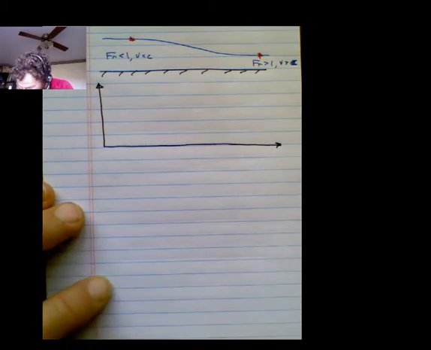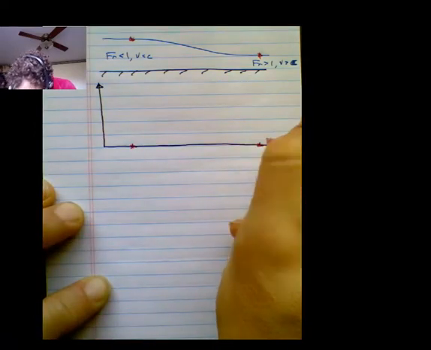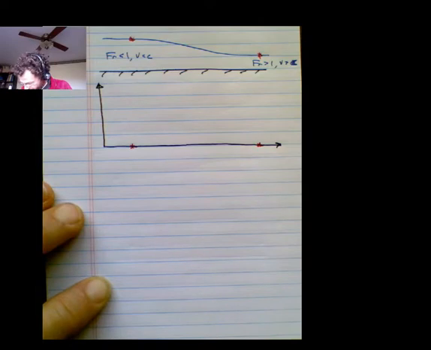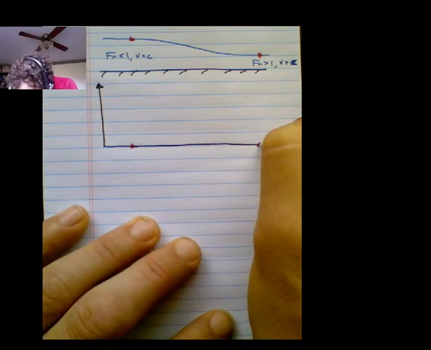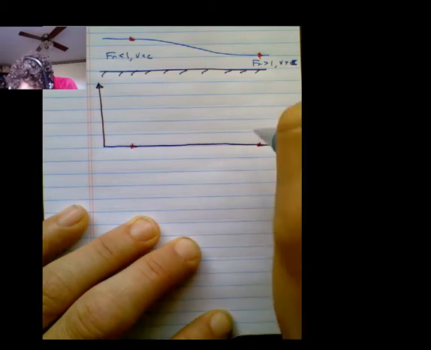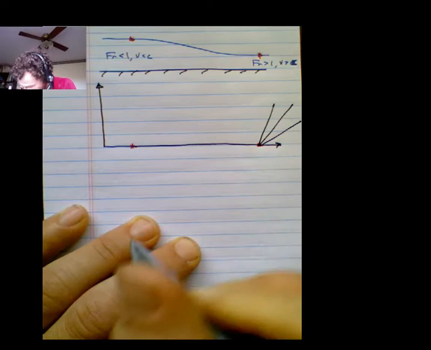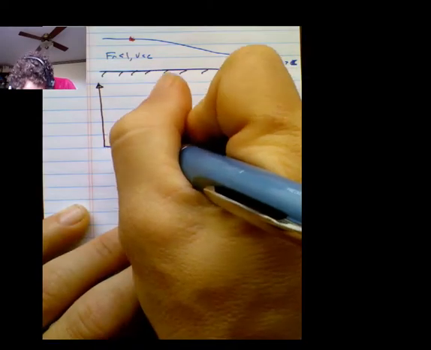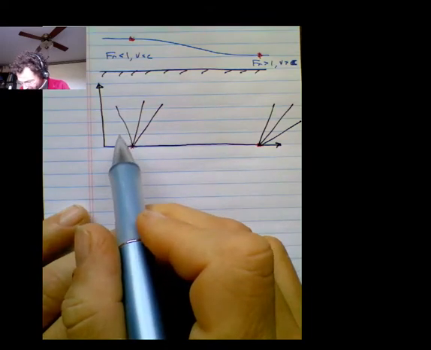I'm going to just take these points and this point. And we know that the characteristics for this point are all going downstream. And so 1, 2, 3. And we know on this one we have 1 going upstream and 2 going downstream because this one's moving less than the wave speed.